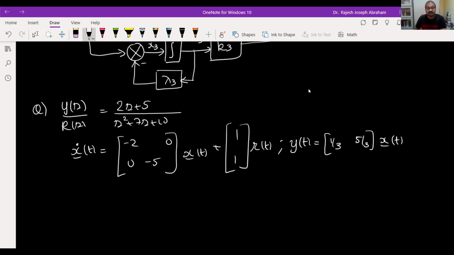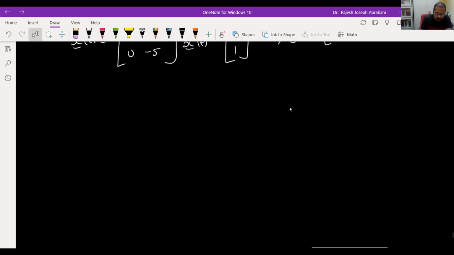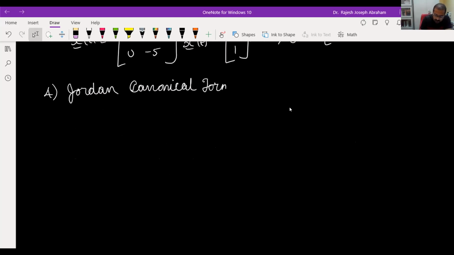Okay. What if the transfer function has repeated poles? Then we will come across what is called the Jordan canonical form. So the next canonical form is the Jordan canonical form. Okay, the Jordan canonical form procedure is the same, but we get the Jordan canonical form when the transfer function has repeated poles. That's the only difference.